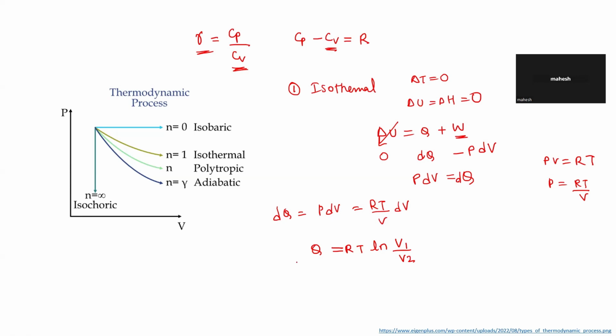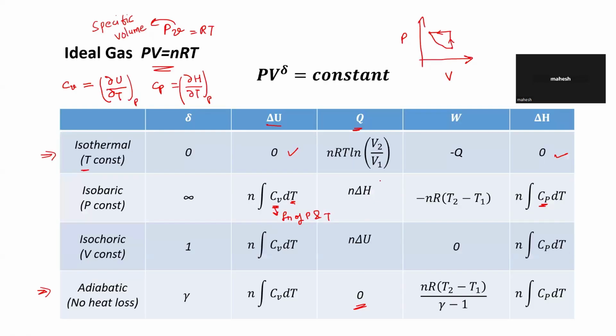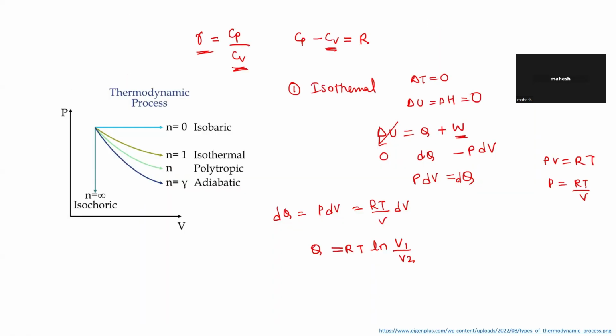And this way, as explained in the videos, you can write for different processes, right? Isochoric and adiabatic, and everything is explained in the videos for you. So I have explained a small one of the processes here.